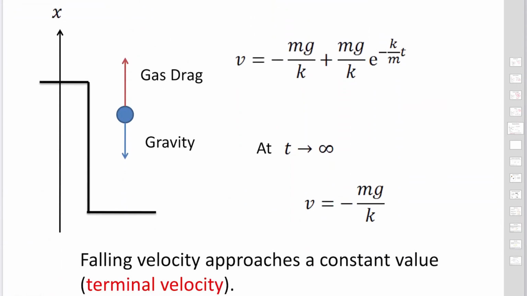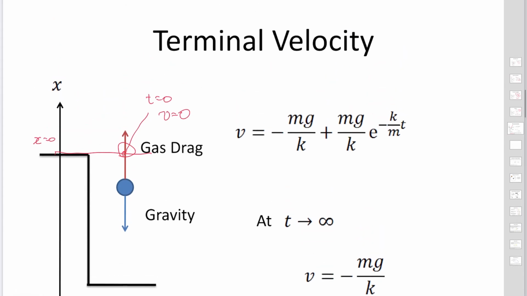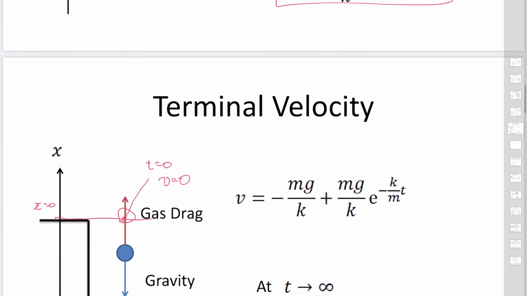Now if you drop the ball at x equals 0, for example, at initial time t equals 0, v equals 0. Then you can use these initial conditions.